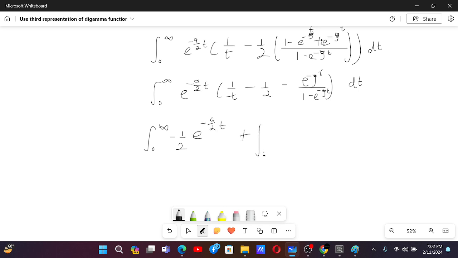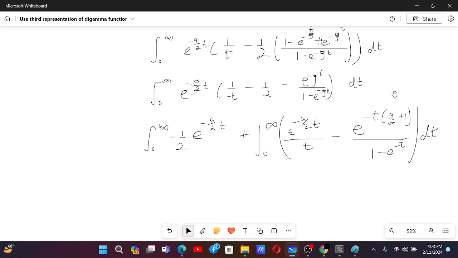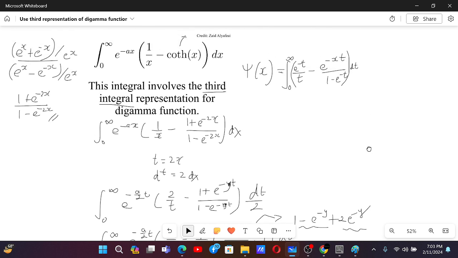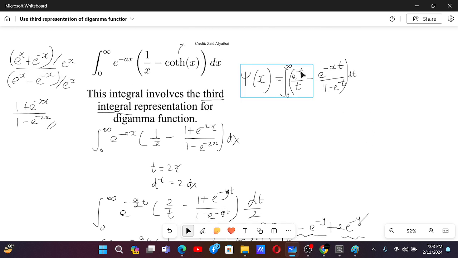The other thing might be somewhat complicated: e to the power minus a by 2 by t, and then minus e to the power minus t (a by 2 plus 1) by (1 minus e to the power minus t) dt. Now for the formula of the digamma function, we don't have anything constant over anything other than e to the power minus t.